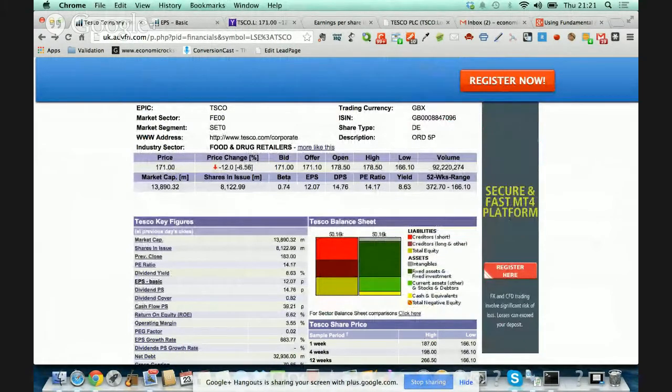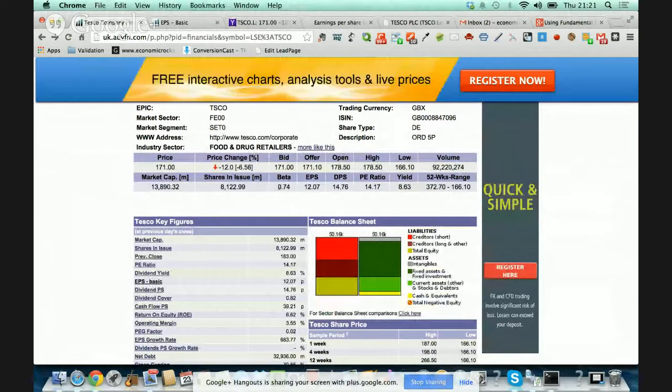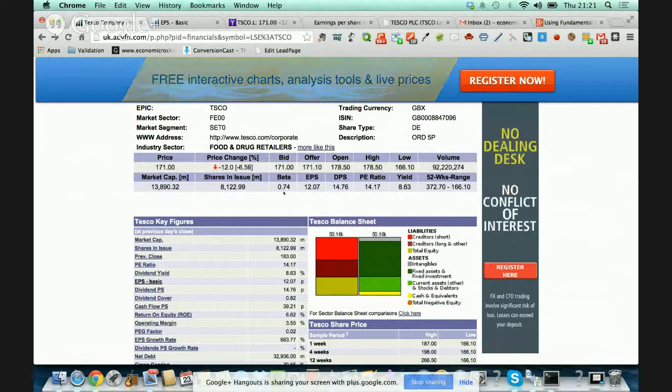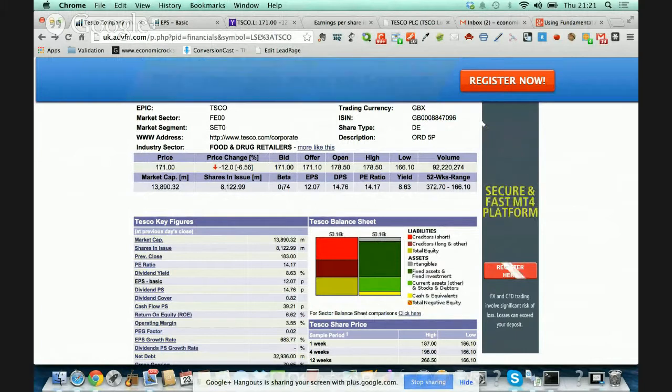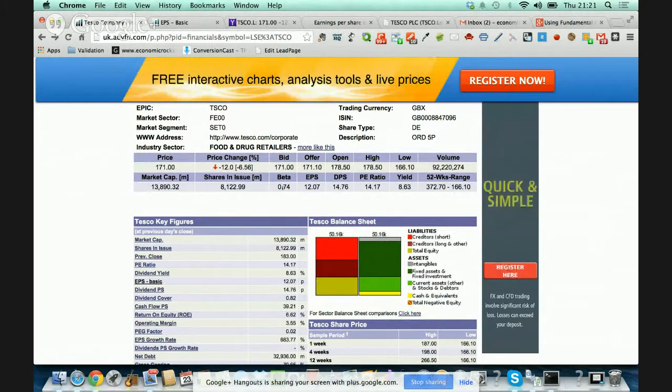For this one, we have a beta for Tesco of 0.74. So what this means is that usually a stock's beta is compared to a theoretical beta value of the overall stock market, which is a value of 1. If the beta is less than 1, the stock is considered somewhat less risky relative to the overall stock market.